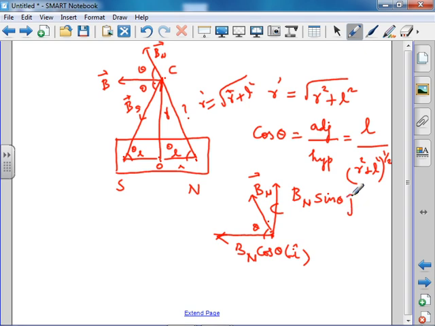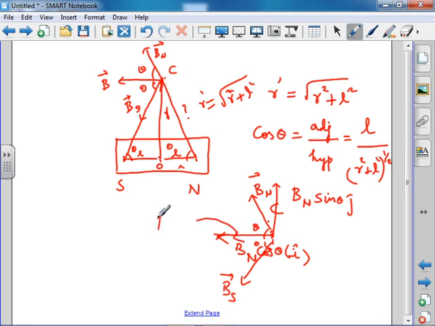Okay. Now similarly we resolve this Bs vector into its components. So this is Bs vector, where it makes an angle theta again, and its horizontal component lies along the same direction again.